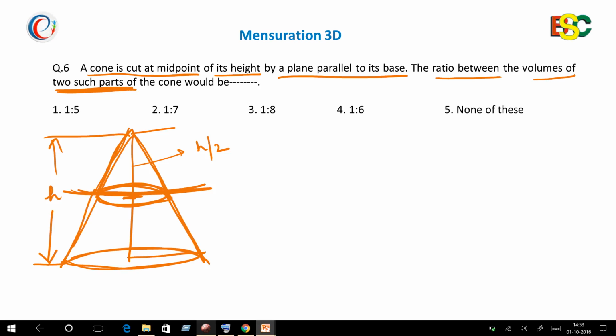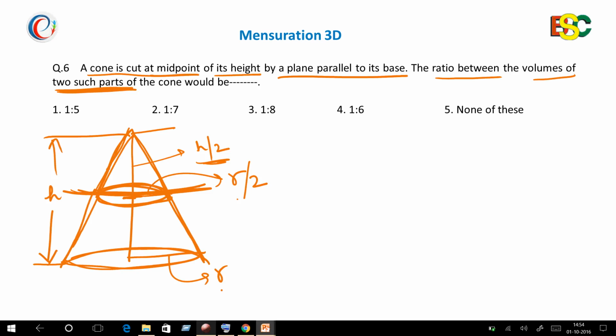Okay. Now here, the number one observation you made is the height of the smaller cone becomes half to that of the bigger one. Similarly, the radius of the smaller cone becomes half to that of the bigger one. That means if small r is the radius of the bigger cone, then the radius of the smaller cone becomes r by 2. But how?